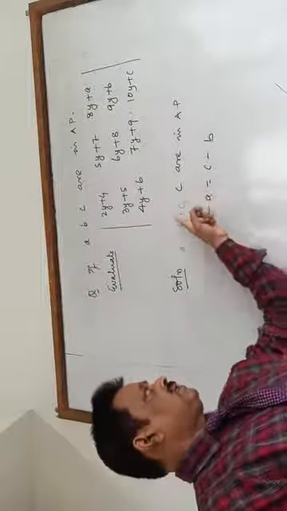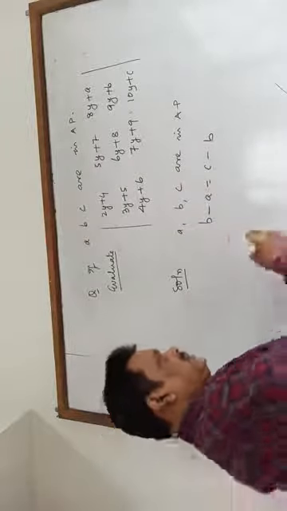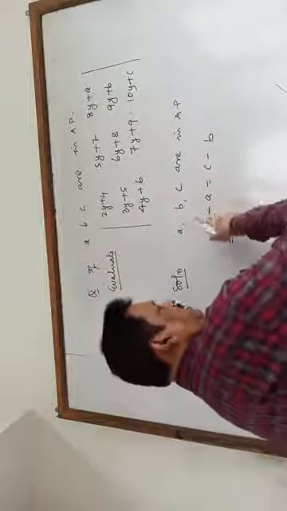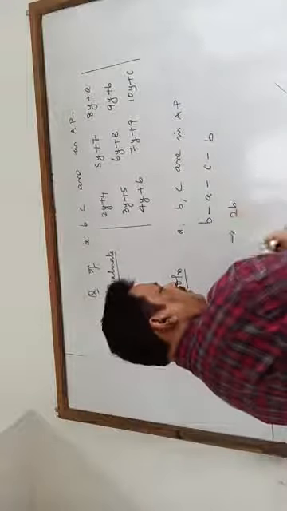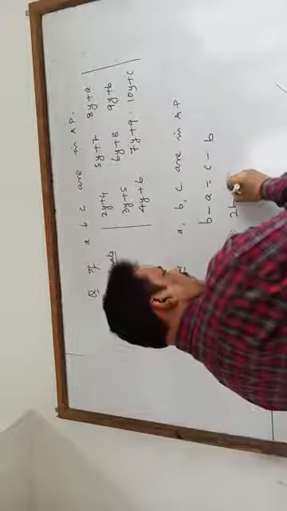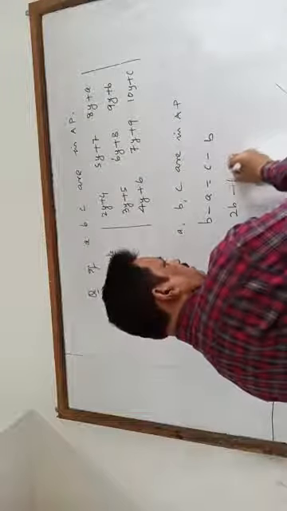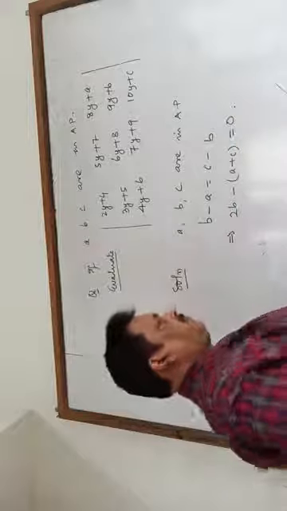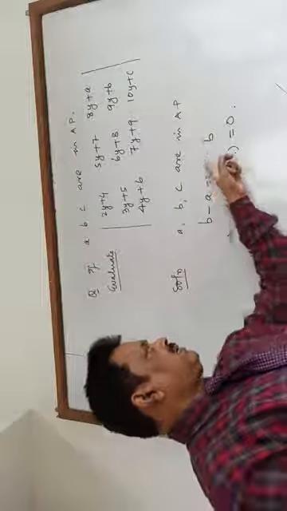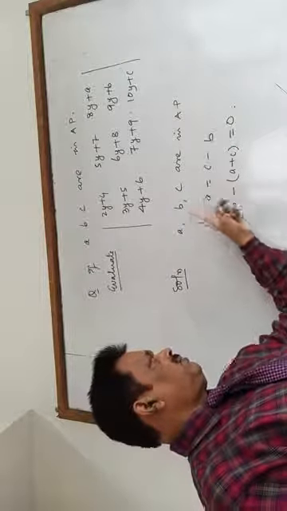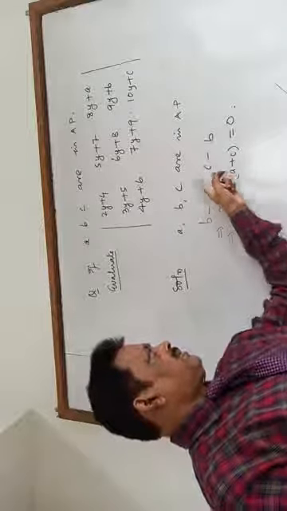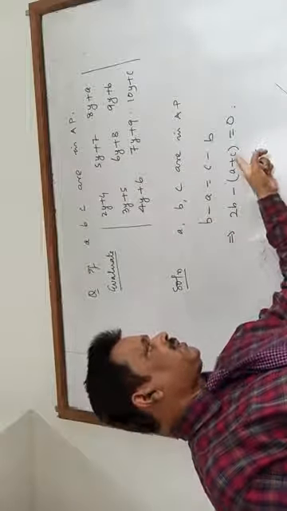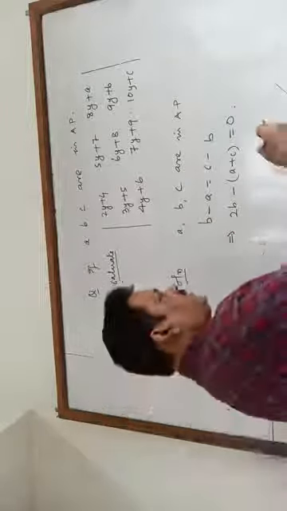So if I take B this side, I will get 2B minus A minus C equals 0. So it is 2B minus A minus C equals 0. Note it down.